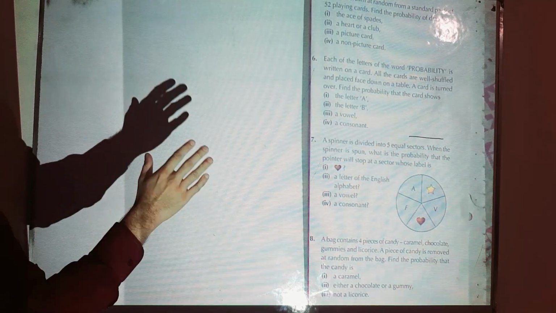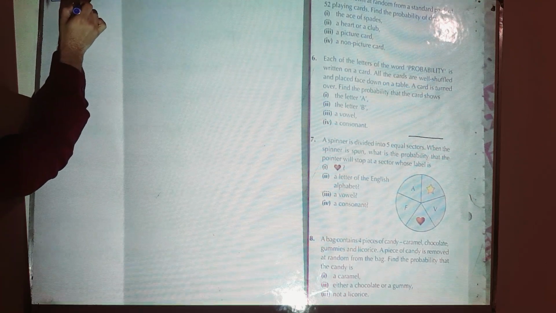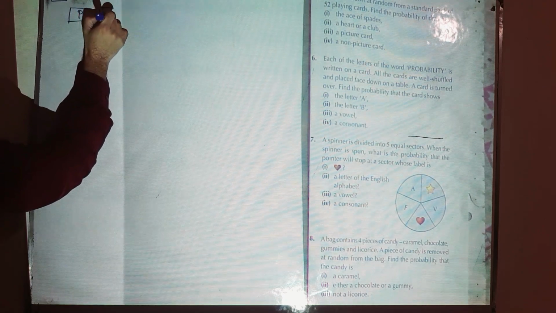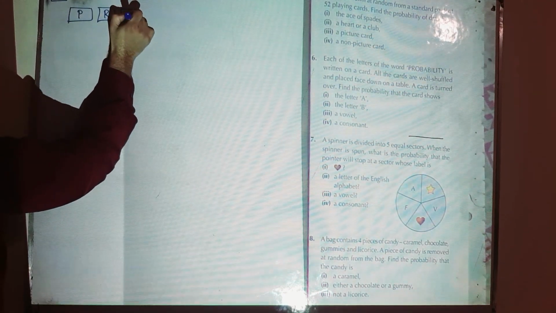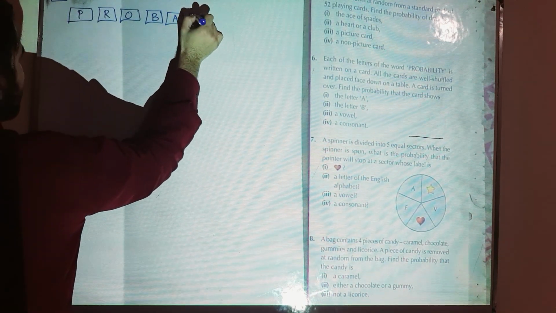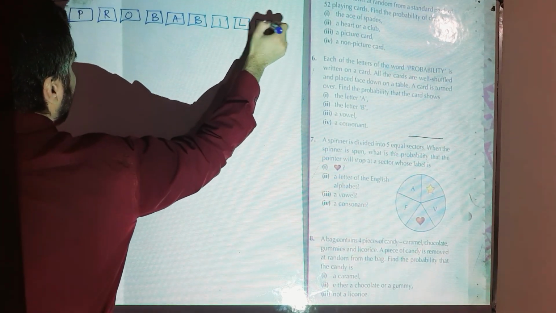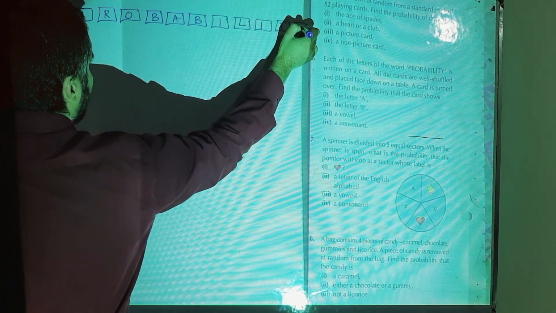Question number 6 says each of the letters of the word probability is written on a card. We have cards on which we have written P, R, O, B, A, B, I, L, I, T, Y. So we have cards on which the letters of the word probability are written.